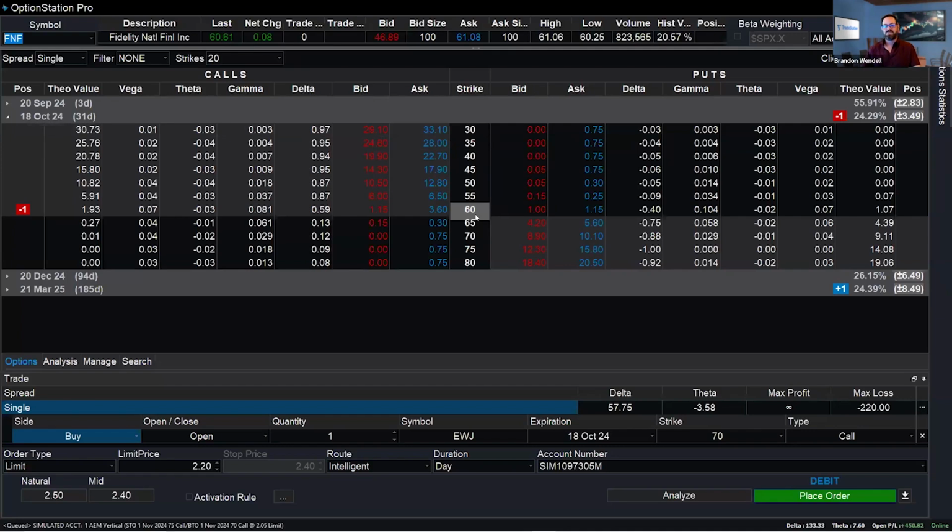It's not, it's above. So that has zero intrinsic value. Well, if you were to take zero, subtract it from the pricing, that means that has 100% time value. So basically, they're saying right now, this one, theoretical value is $1.07. Well, that's kind of in between. That's actually fairly priced, right?